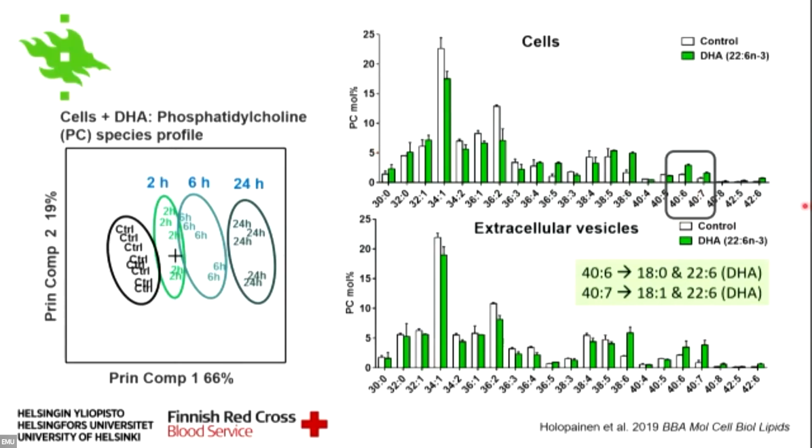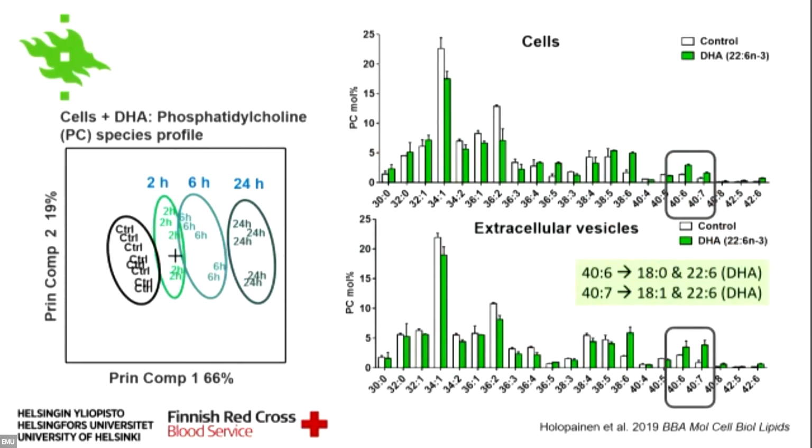Here, for example, you can see the lipid species 40:6, which is the combined number of the two fatty acid chains in the lipid. So they're most likely 18:0 plus the DHA that was given to the cells, and this 40:7 is most likely 18:1, again with the DHA.